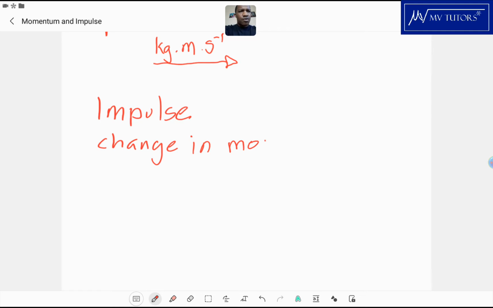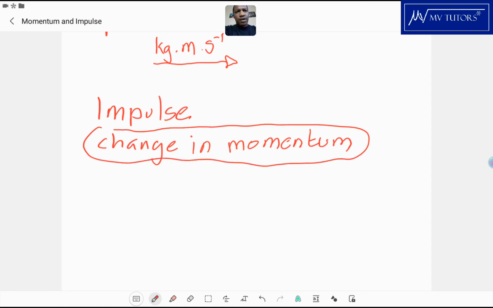It's the change in momentum. So keep this in mind. I'll show you how this comes in, but first let me just give you the definition of impulse.